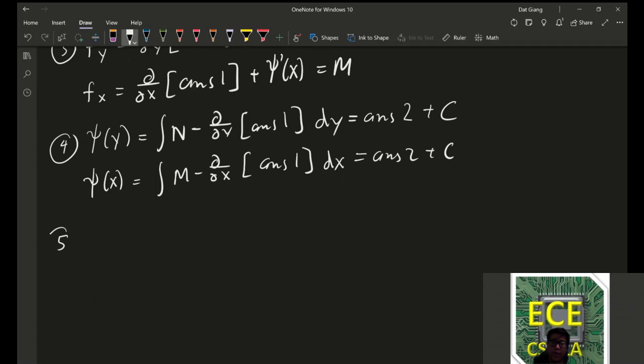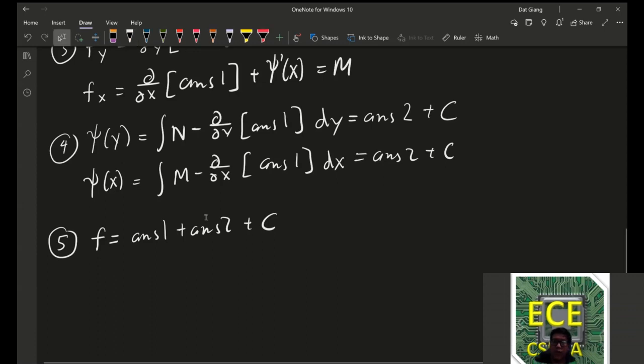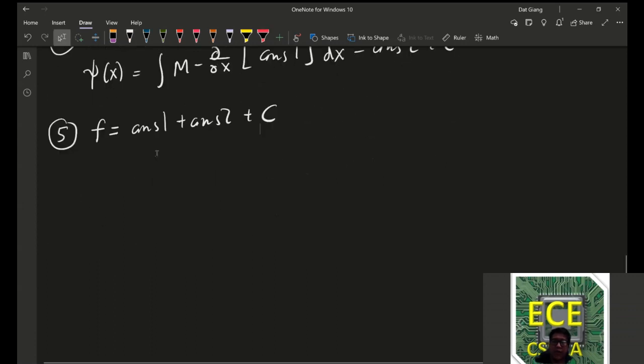When we're done, we're able to find our solution again. It would be some kind of combination of answer 1 plus answer 2 plus c. However, if the initial values are not given, we can leave it like this.